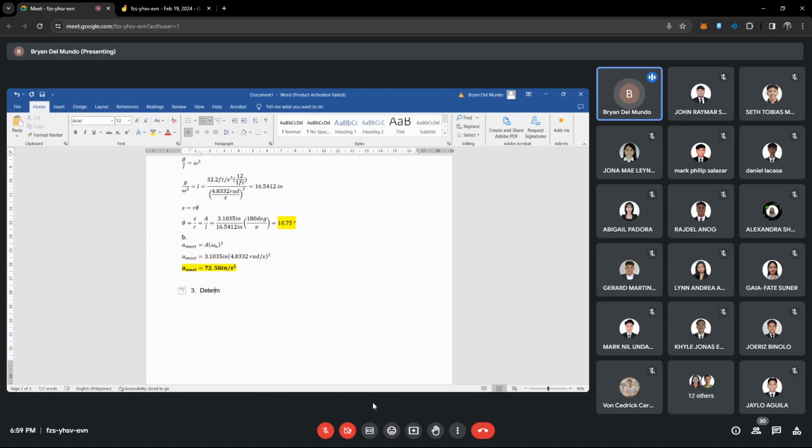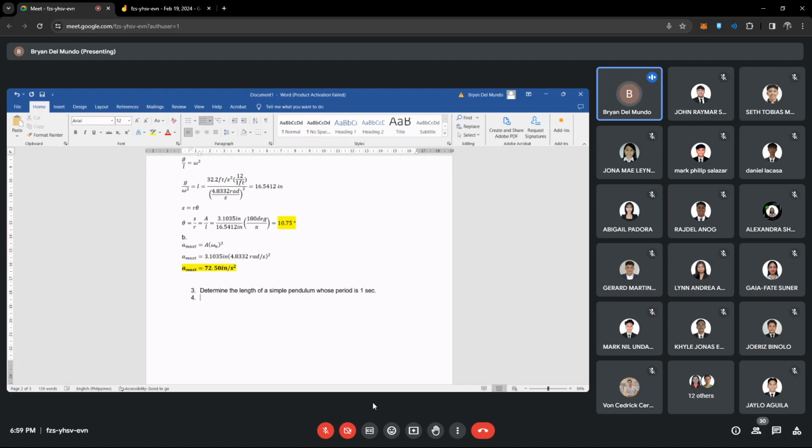So determine the length of a simple pendulum whose period is 1 second.